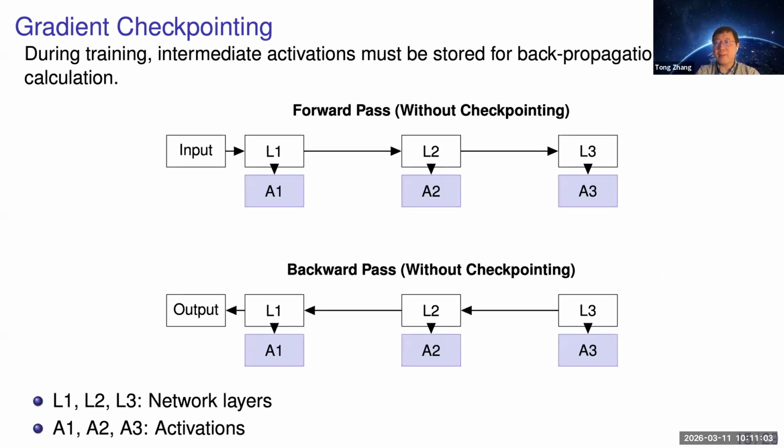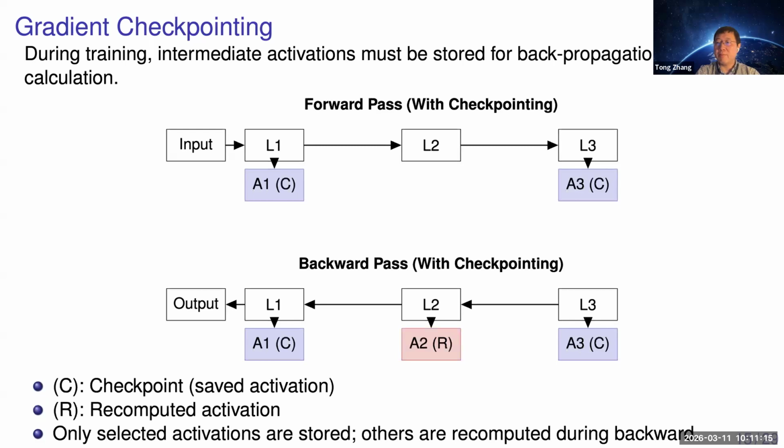In the standard setting, for every layer and every calculation, you need to save the activations. Gradient checkpointing basically says the following: let's say I remove this one, for example. I just keep a few checkpoints and skip some calculation. Then after I do the backprop, I refill it.